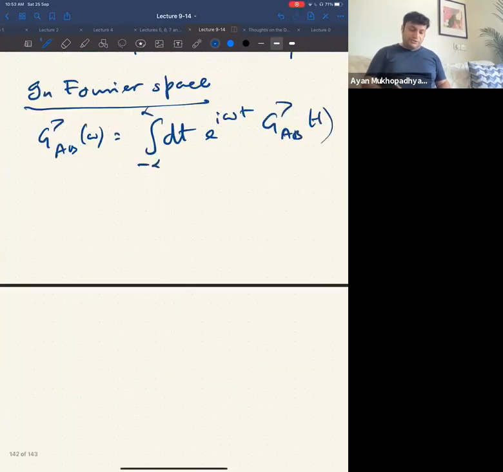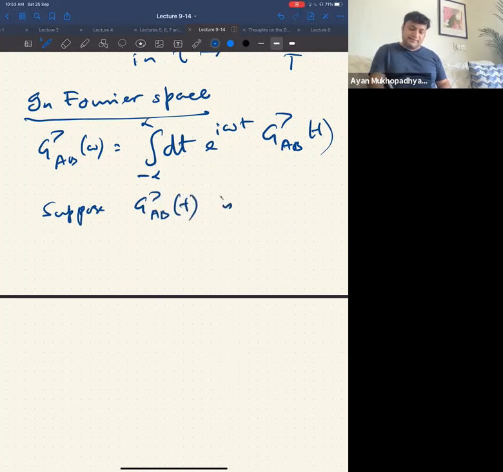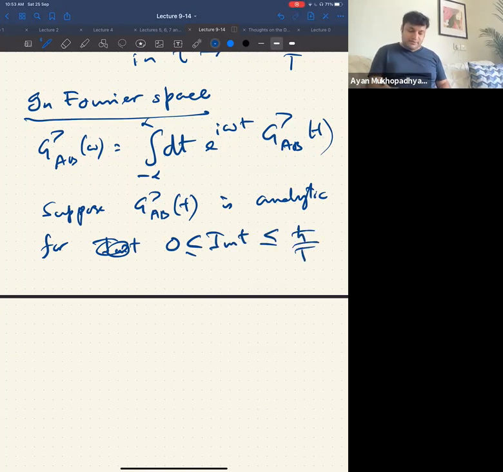So now what happens if we shift? Suppose G greater AB t is analytic for imaginary t in this strip, 0 less than or equal to imaginary t less than or equal to h bar by t.